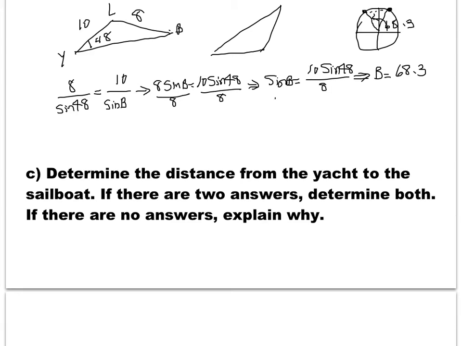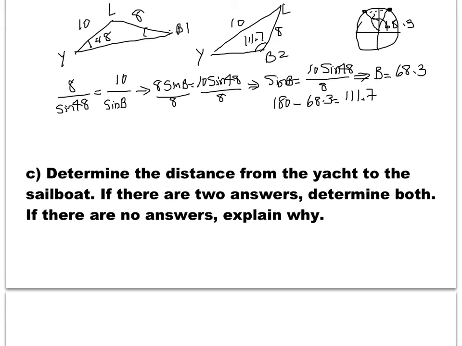So the other possibility is 180 minus 68.3, which is going to give us 111.7, which is this angle, which is the second possibility. So we have this case too. We call this one B2, this one B1, and this is L, and this is 10, this is 8. So now we have two possibilities.